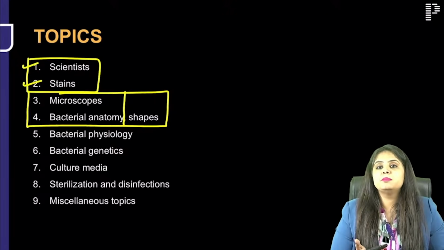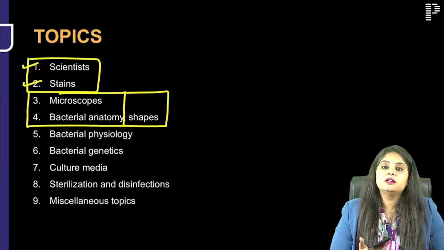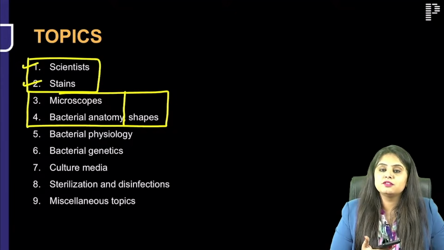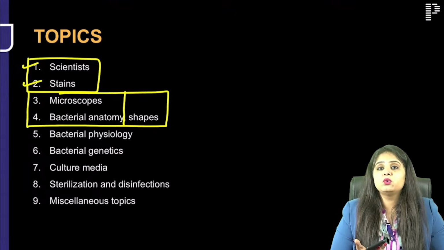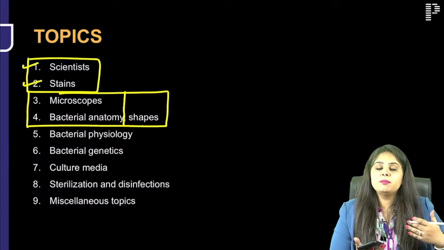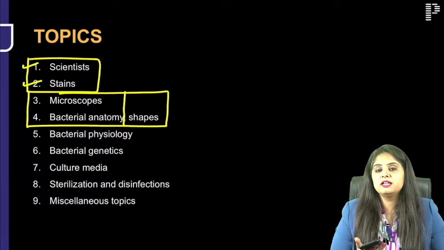This time in November, December, we gave you one class per subject, but now going forward in January, we will, for example, have 3 classes of pathology, 3 classes of microbiology and of pharmacology. So with me, you will be having total of 6 classes of Path Micro combined in Jan, and then in February, we will again make it a little more. Now we are making this one by one, we are leveling it up in phases so that it becomes easier for you to adapt to this entire thing.